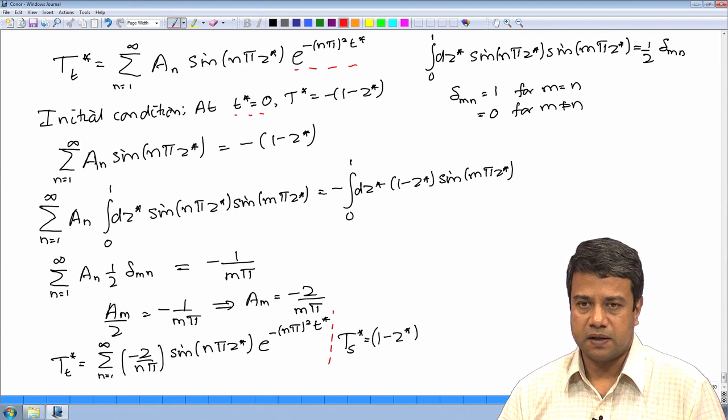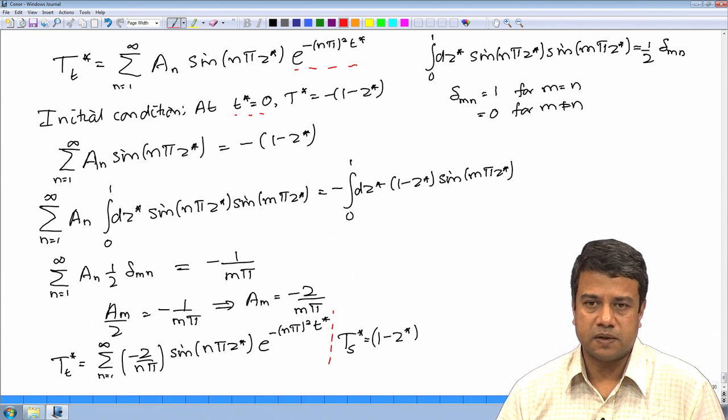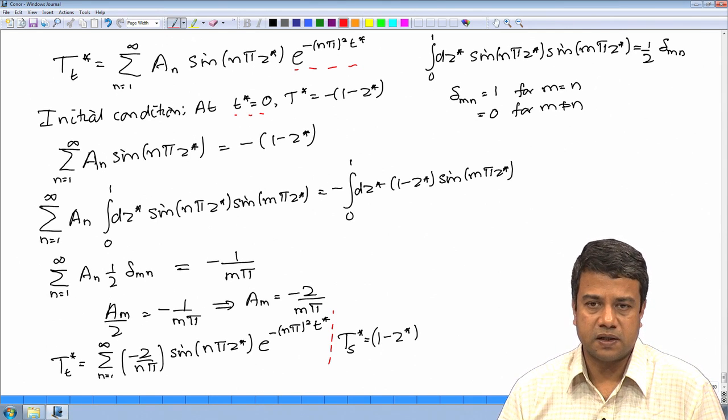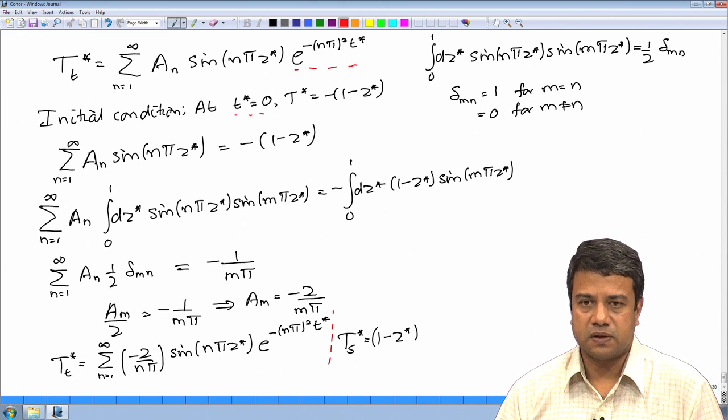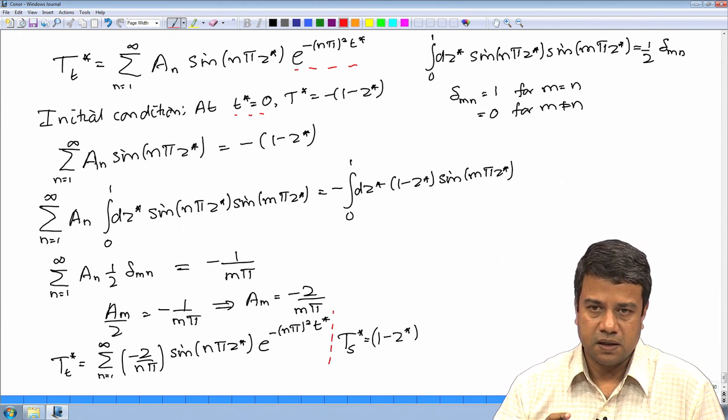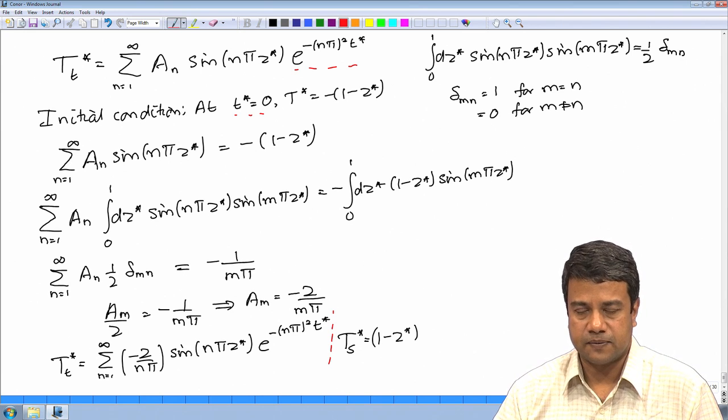In order to simplify it, you use a separation of variables method, and when you do that, you will get ordinary differential equations in each direction.